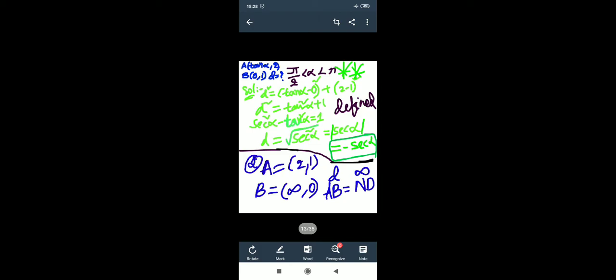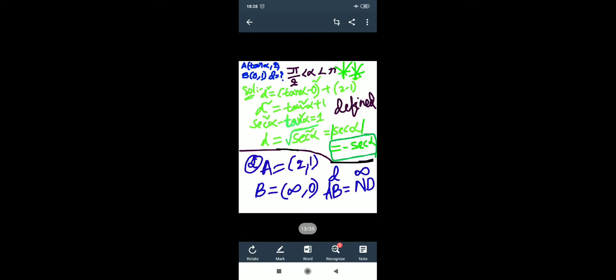So take d square equivalent to (tan alpha minus 0) whole square plus (2 minus 1) whole square, according to d square equals (x2 minus x1) whole square plus (y2 minus y1) whole square. Here it is tan square alpha plus 1, and there is an identity secant square alpha minus tan square alpha equals 1. So d equals root of secant square alpha, taking the modulus; as in the second quadrant secant is negative, d equals minus secant alpha.